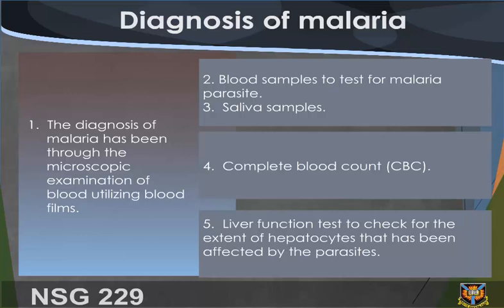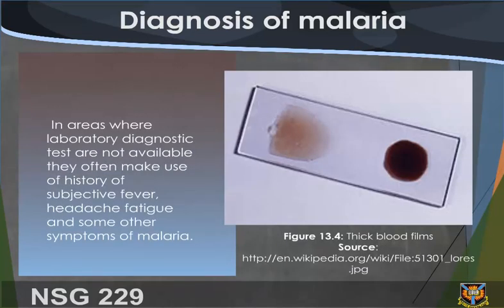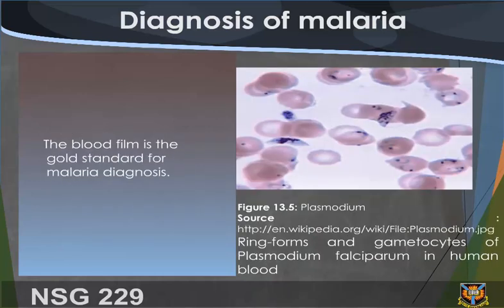Liver function test to check for the extent of hepatocytes that have been affected by the parasite. In areas where laboratory diagnostic tests are not available, they often make use of history of subjective fever, headache, fatigue, and some other symptoms of malaria. The blood film is the gold standard for malaria diagnosis.